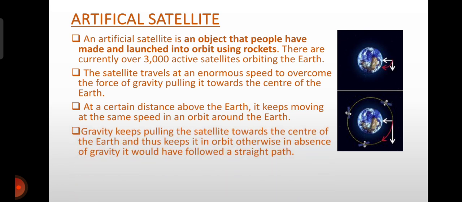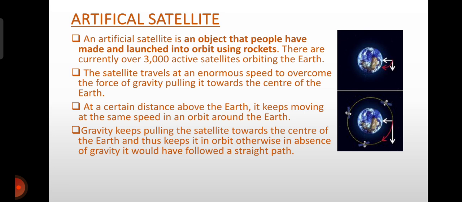Gravity keeps pulling the satellite towards the center of the Earth, which is shown by the white arrow pointing towards the Earth, and thus it is orbiting. If there is no force of gravity, then it would have followed the straight path which has been represented by the white arrow in the downward direction.